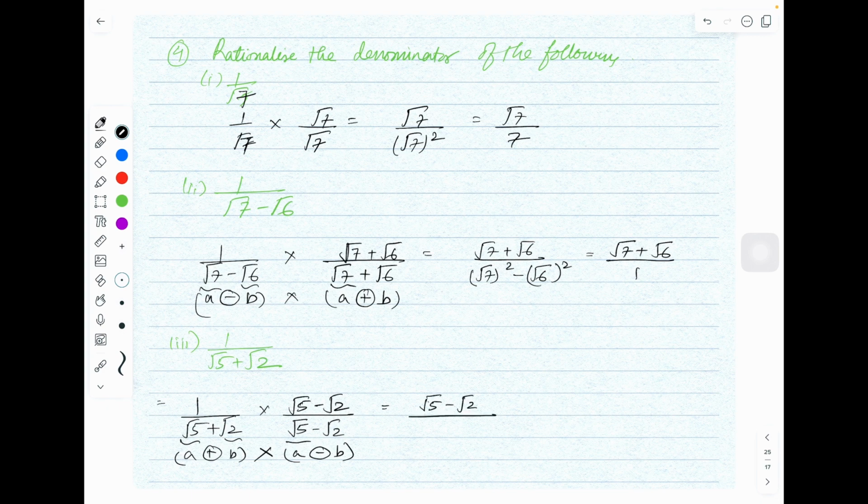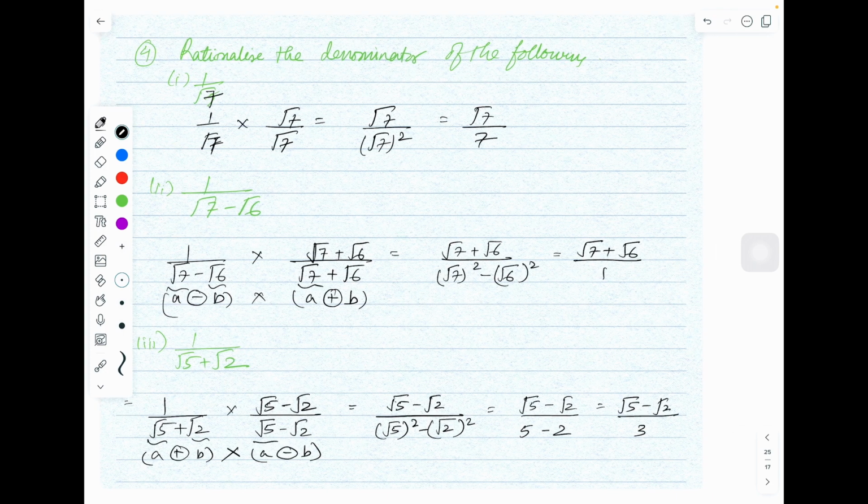So at the top, A minus B. This is A plus B into A minus B, which we know is A square minus B square. Instead of A we have root 5, instead of B we have root 2. So at the top it is root 5 minus root 2, and at the bottom it is 5 minus 2. So this is root 5 minus root 2 by 3.